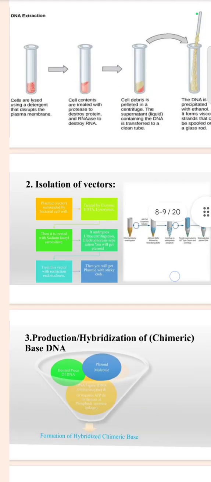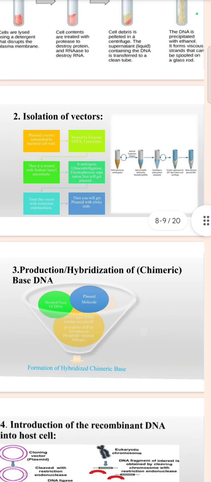Next we are going to learn insertion of the desired gene into the plasmid. After the preparation of the desired gene and plasmid, the desired gene is inserted into the plasmid. It involves the following steps. First, the plasmid is cut with restriction enzymes. Restriction enzymes are known as chemical knives in genetic engineering.